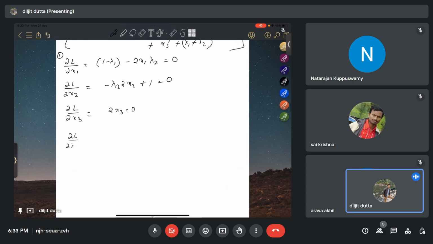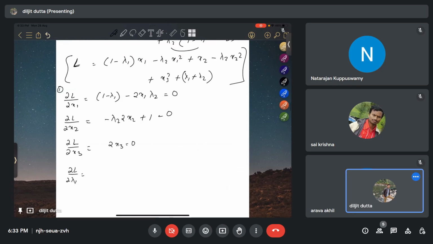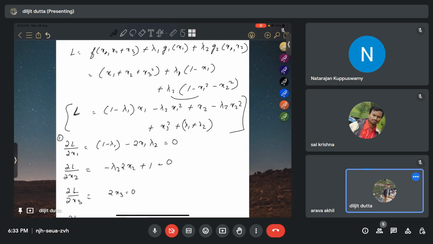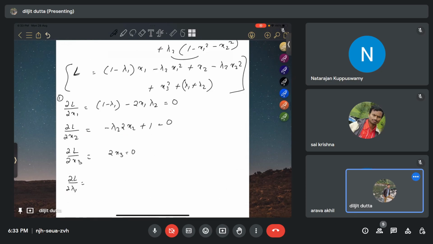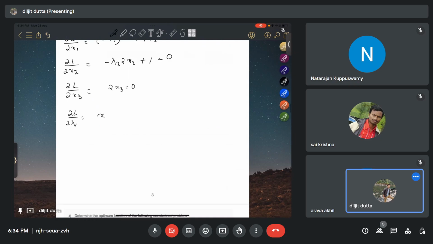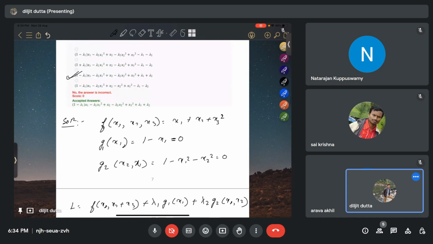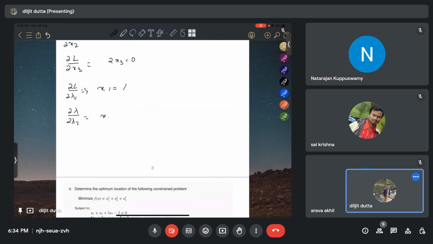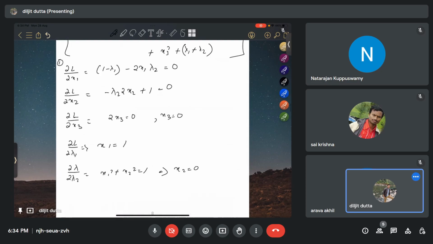Del L by del lambda 1 gives x1 is equal to 1. Del L by del lambda 2 gives x1 square plus x2 square is equal to 1. From here we'll get x1 is equal to 1, so x2 is equal to 0, and x3 is equal to 0.